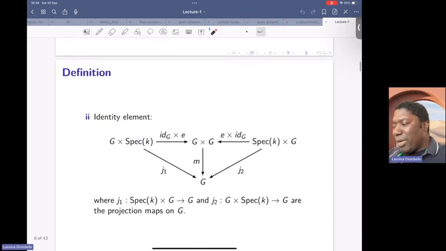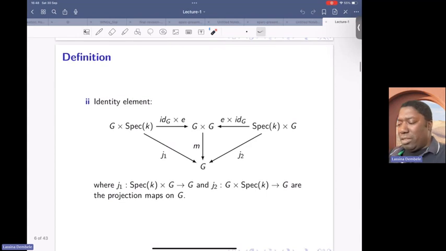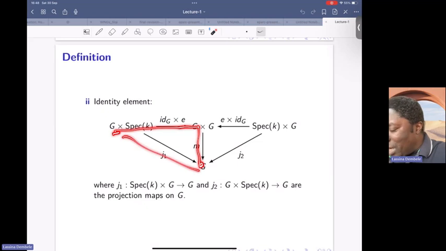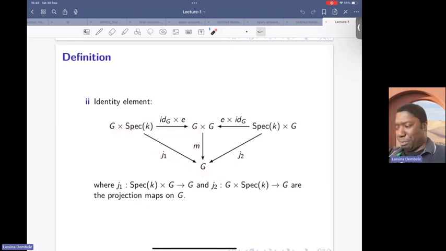The second property that we require is the identity element. So having an identity element means that if I take any element in the group and I multiply that element by my identity element e, I recover the element that I started with. So if I take an element x here and I multiply by e, then I recover the element x.